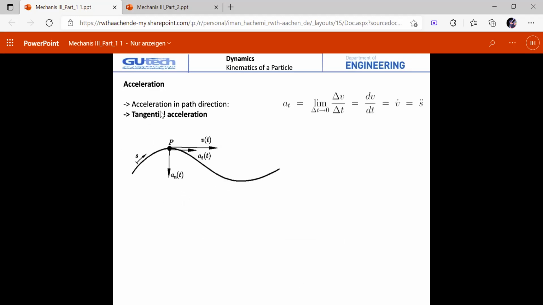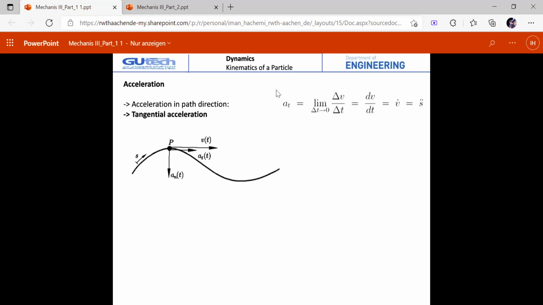Now, if we have the acceleration, it's completely opposite. We have here the acceleration in the path direction, which is what we call the tangential acceleration. It's only the limit when delta t tends to 0, and by definition, it's only dv over dt.